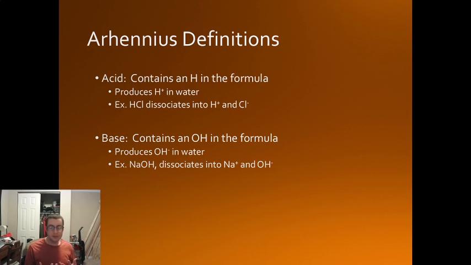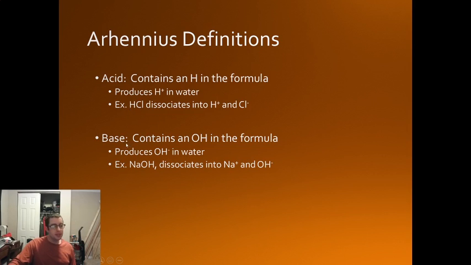And by having that H in the formula, specifically in the front of the formula, whenever it gets dissolved in water, it's going to produce H plus ions, or positive hydrogen ions. So for example, hydrochloric acid, or HCl, is going to dissociate into H plus and Cl minus. Because it has that H in the formula, that is what makes it an Arrhenius acid.